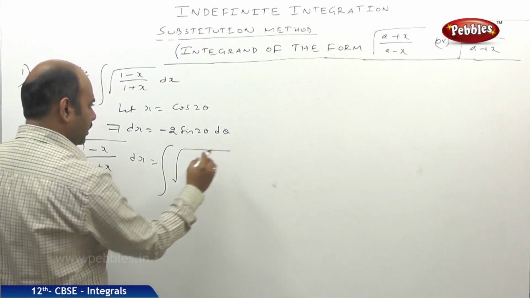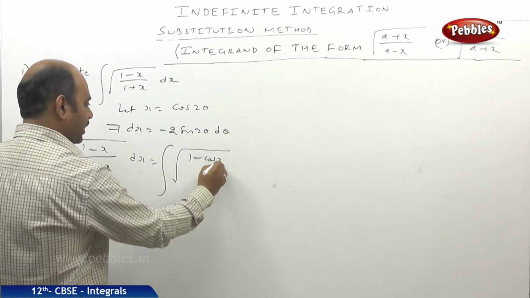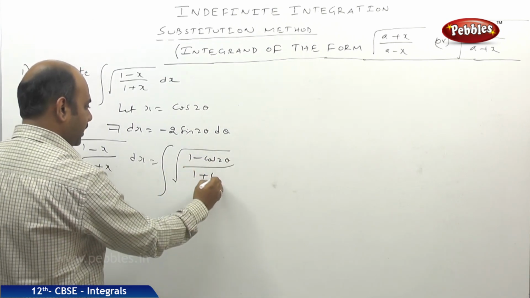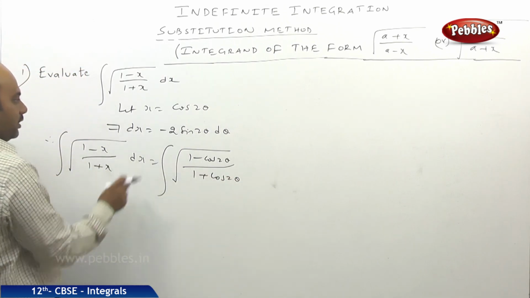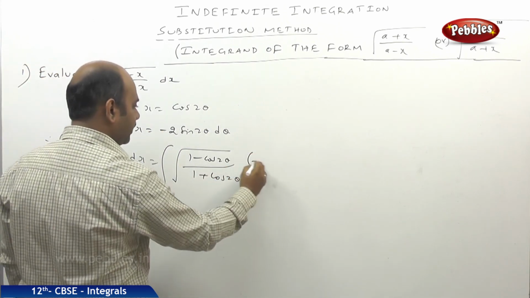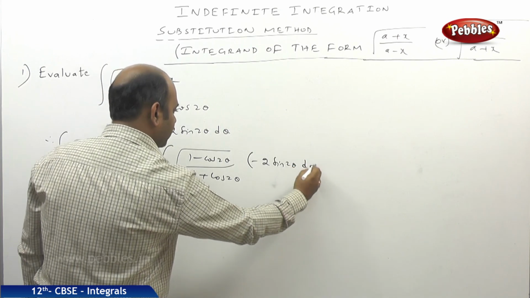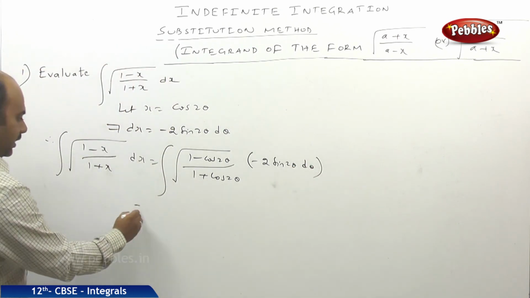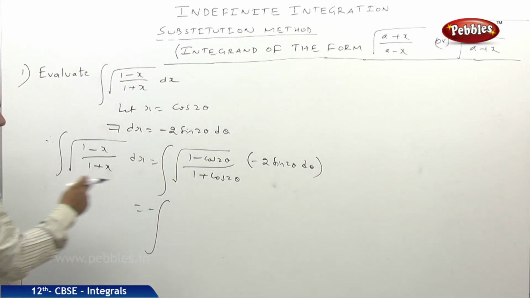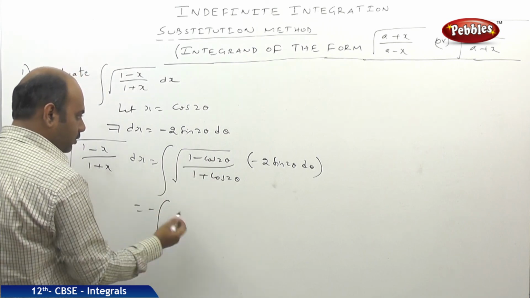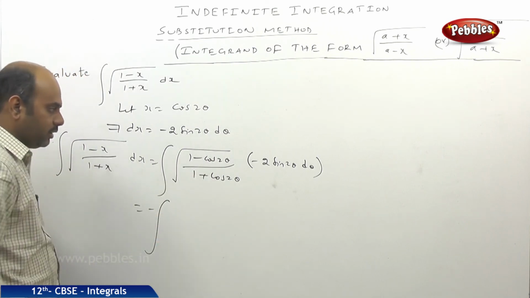of under root of (1 minus cos 2 theta) by (1 plus cos 2 theta), and in place of dx I will write minus 2 sin 2 theta d theta. So minus will be coming outside, and under root of 1 minus cos 2 theta means 2 sin square theta by 2. Why?